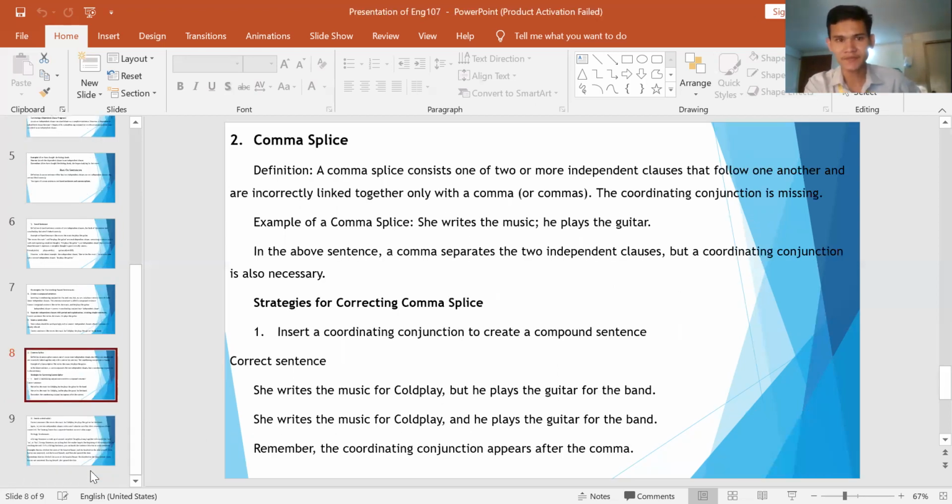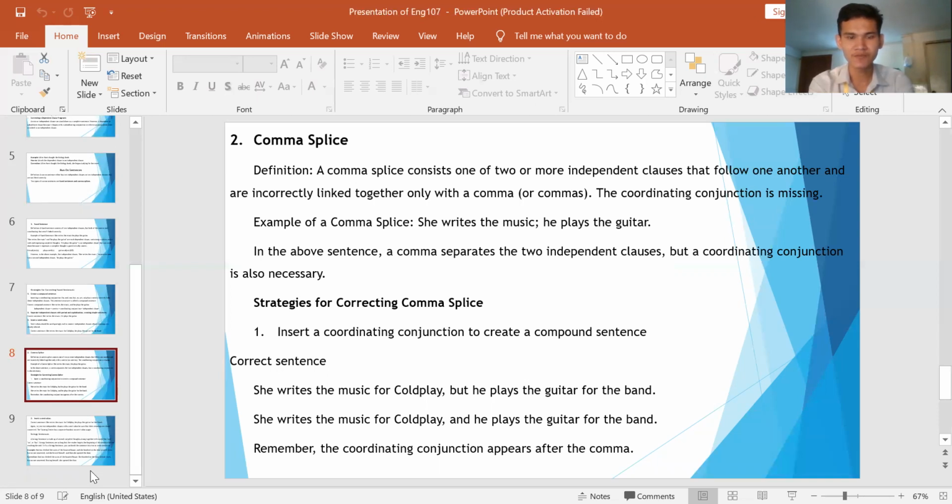Okay, the next slide, number two, comma splice. What is a comma splice? Definition: a comma splice consists of two or more independent clauses that follow one another and are incorrectly linked together only with a comma or commas.